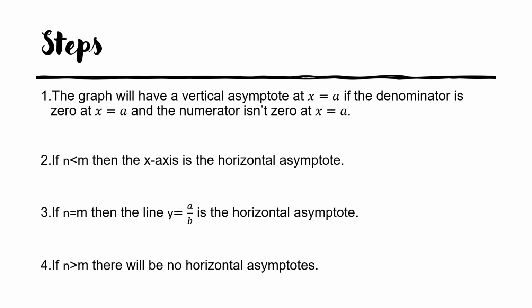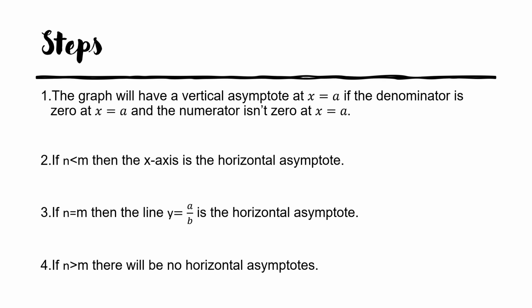Next, the steps. The graph will have a vertical asymptote at x equals a if the denominator is 0 at x equals a, and the numerator isn't 0 at x equals a.